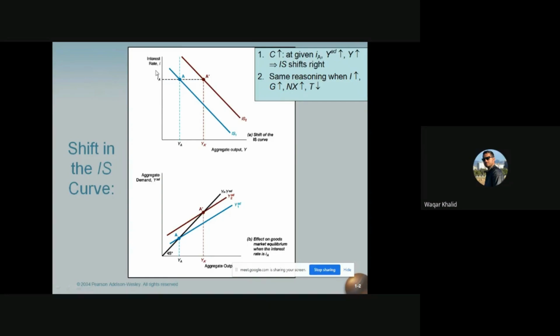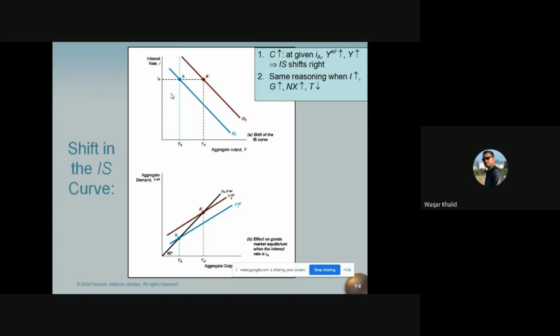There is no change in the level of interest rate. We have kept this level of interest rate constant. That's why we are saying changes in net exports unrelated to the interest rate. As you know, the level of interest rate has a relationship with net exports, and similarly the level of interest rate has a relationship with planned investment spending.